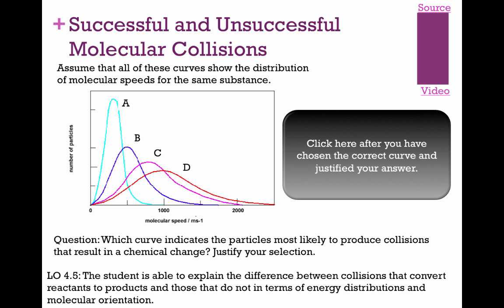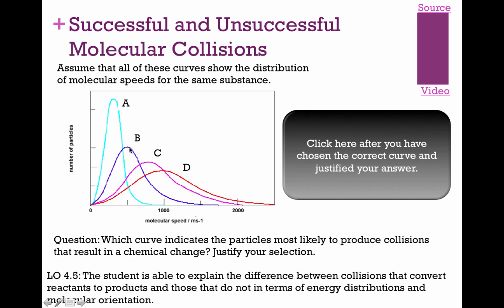Okay, so then looking at different collisions, this graph shows what's called the Boltzmann distribution, and really what it shows us is how many molecules have a specific speed. So if you look at A here, that's this blue peak. What this is showing us is that a majority of our molecules have a speed somewhere from 0 to 500.